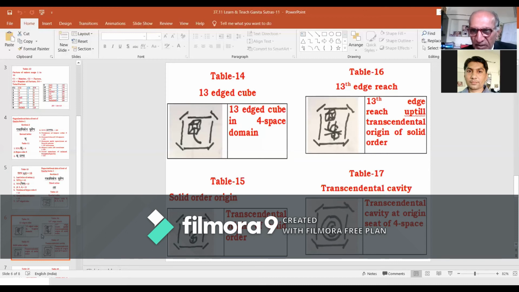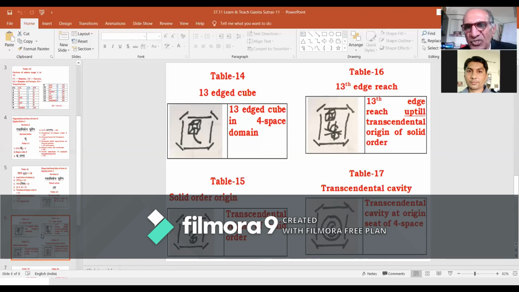Therefore, table 15 is taking us a step ahead from the spatial order, that is two space in the role of dimension, three space in the role of a dimension, naturally of a five space, and that too in the role of an origin of a four.